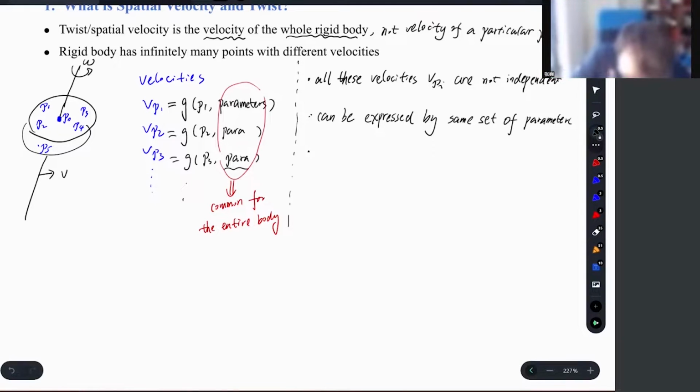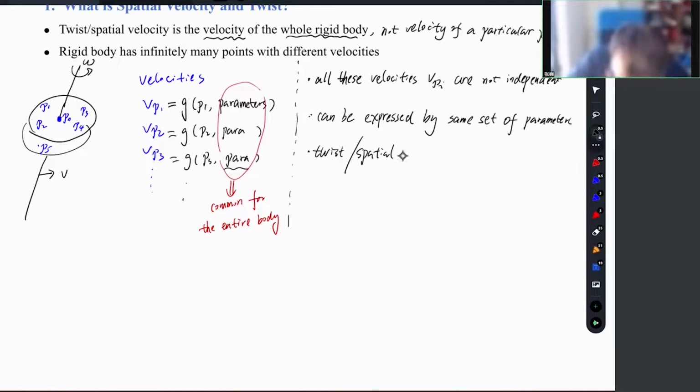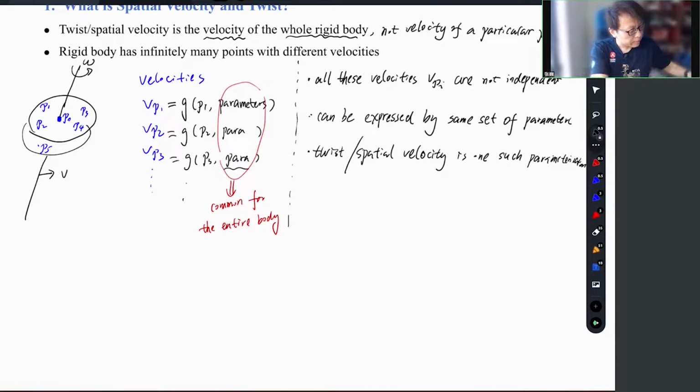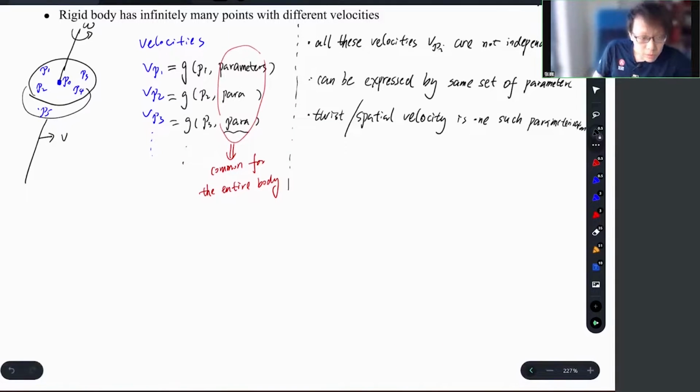The twist or spatial velocity of the body is one such set of parameters, or one such parameterization. Okay, I hope that's clear for now. And how do we find this parameterization?